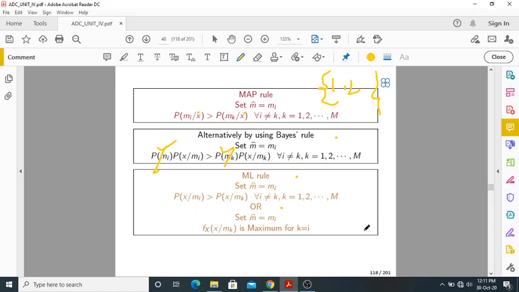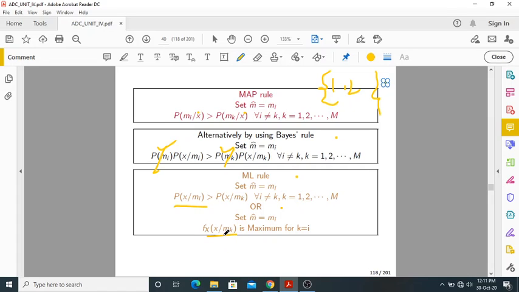Okay, so instead of finding the probability, I am finding the maximum PDF. PDF resembles probability. If probability is more, which means PDF should be more. So they have a direct relation. So instead of going for the maximum probability, I am going for maximum PDF because I know this quantity.